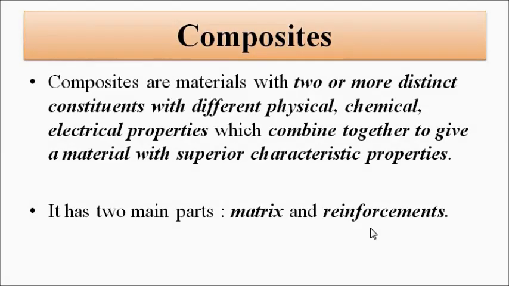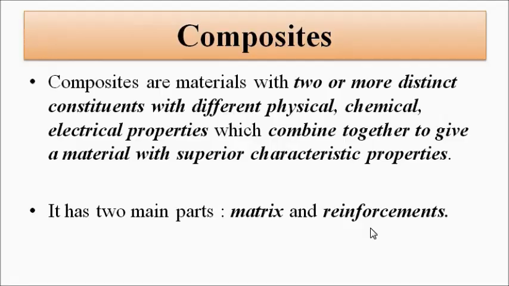Then is composites. Now the composites, they are materials with two or more components, okay, different constituents. Now each of these constituents, they have different physical, chemical, electrical and mechanical properties, and we just combine them together to give a material with superior characteristics, okay, as compared to the constituents, the components.